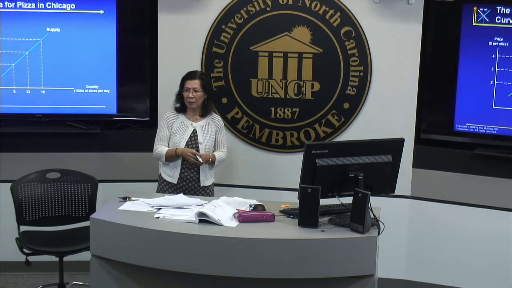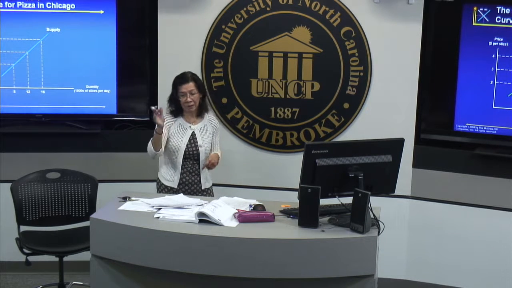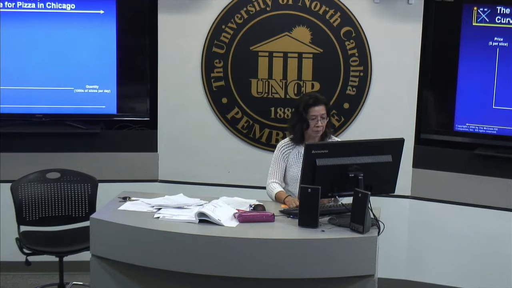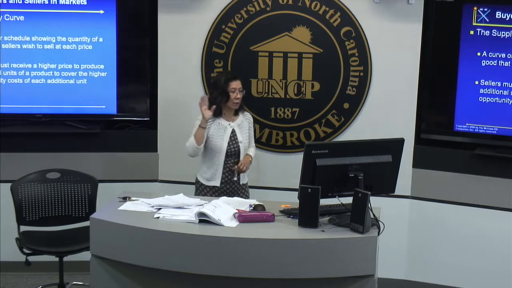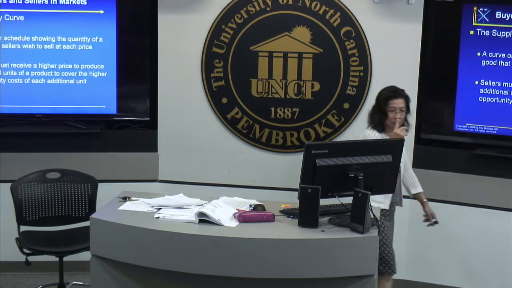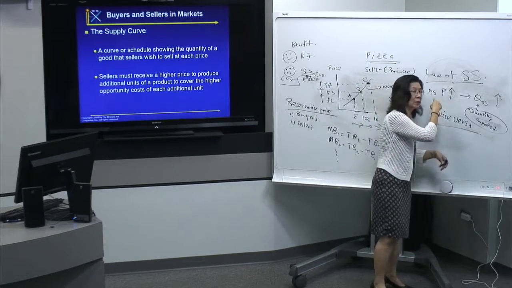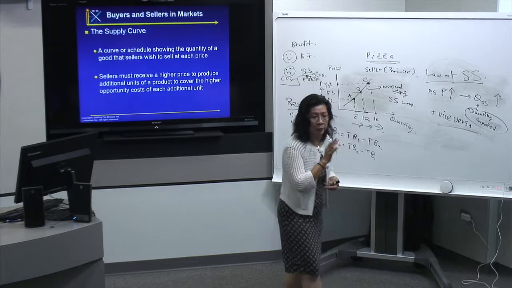Because you say, oh yuck, you mean it's $2 less than before? Well, I think I'll only sell such and such units, which is not as high as before. So let's go back. This is a curve or schedule showing the quantity of goods that sellers are willing to sell at each price. Again, the price is the cause. So when you do your homework problem, I want you to explain.